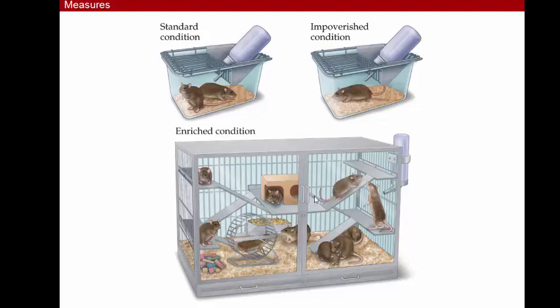All right, now, what's happening is that we're randomly assigning mice into different conditions so that the only difference between them is the type of condition they're in, and we're interested to see if the mice in the enriched condition will have better outcomes compared to the mice in the standard or the impoverished conditions.